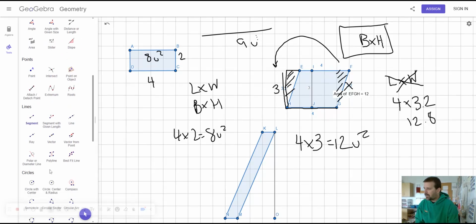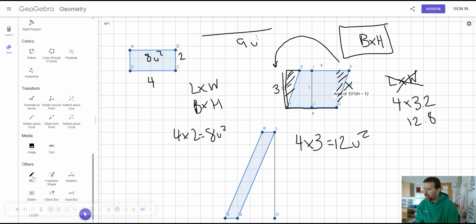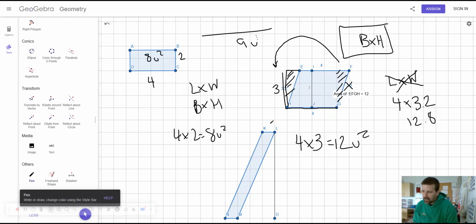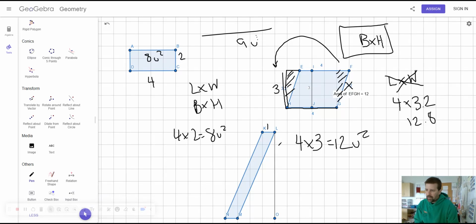And then in that case, my base of this weird parallelogram, I'm going to use the top this time, okay? So the base is going to be 1 unit, and the height's going to be 1, 2, 3, 4, 5, 6, 7. So in this case, it's base times height still, even though it's a weird-looking parallelogram. And in this case, it's going to be 1 times 7 for a total of 7 units squared.